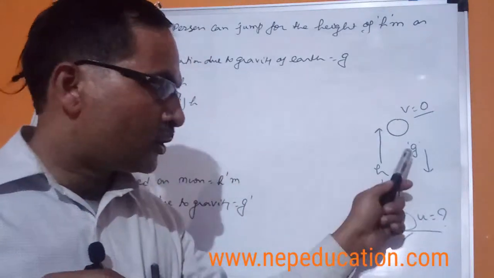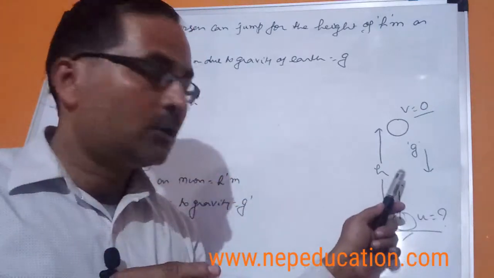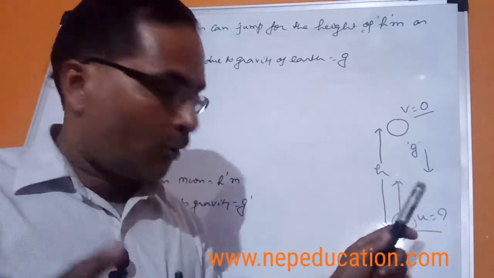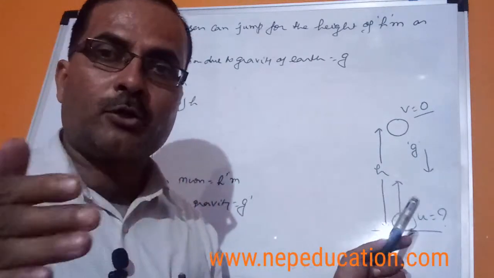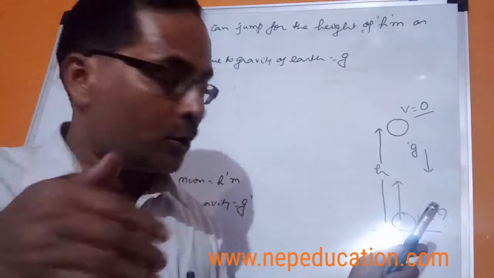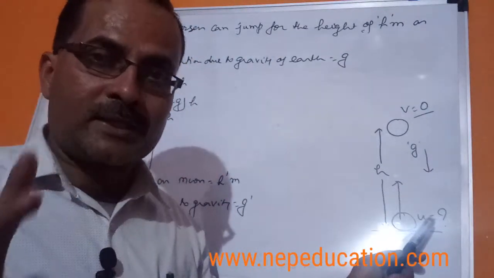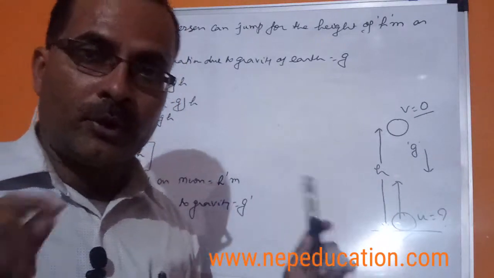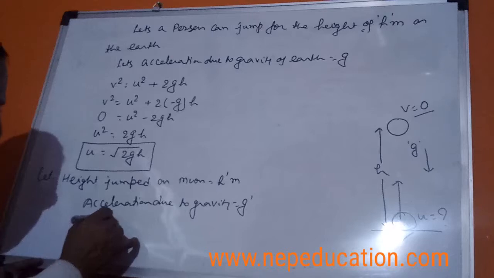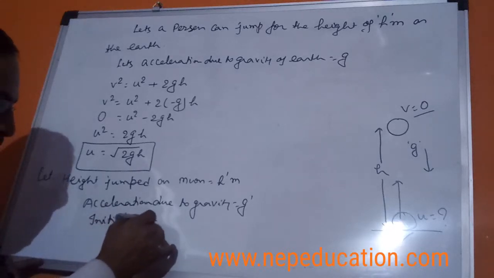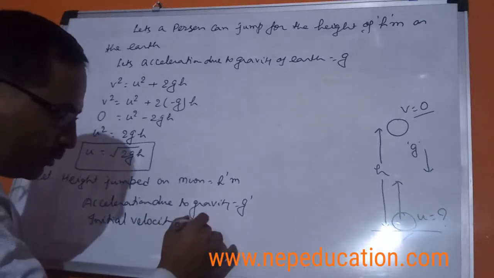If earth has 10, the velocity is retarded by 10 meter per second square. On Jupiter the velocity will be retarded by 25 meter per second square. On the moon it will be 1.66, but the initial velocity remains the same as on the earth. So the initial velocity of that person is u only.